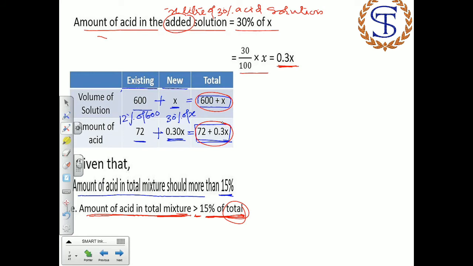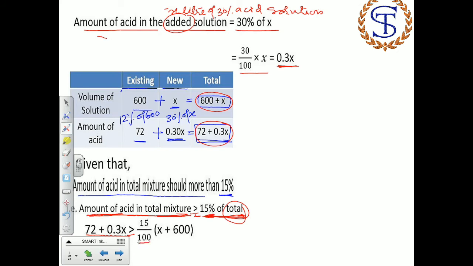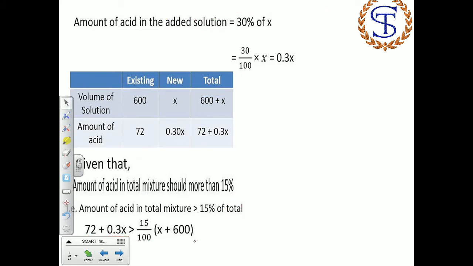So according to the problem, what do we have? We have an equation: the amount of acid, that is 72 plus 0.3x, is greater than 15% of total.